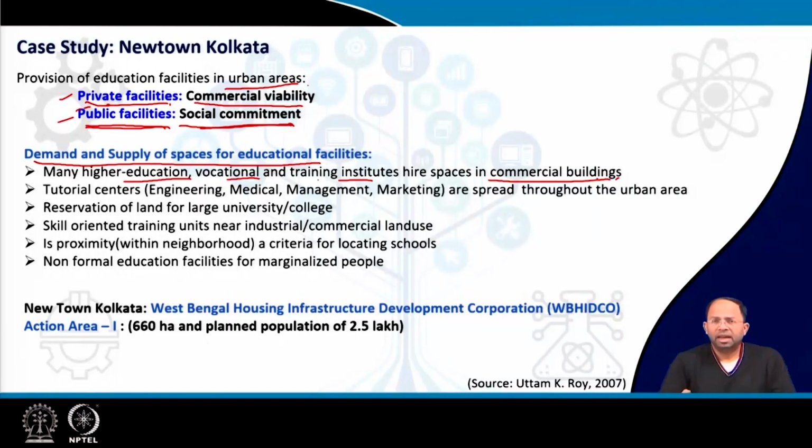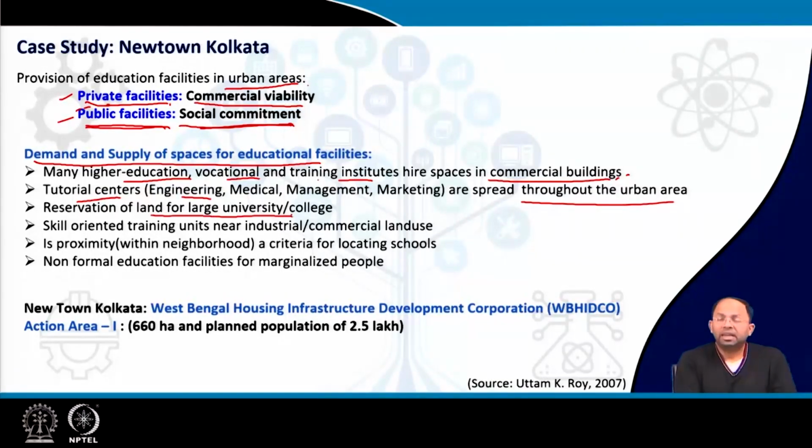That means they don't have their own building or own land area where separate institutes are created, but they hire spaces in other commercial buildings. Then tutorial centers for engineering, medical, management, marketing are spread out throughout the urban area at different places. There is no specific zone or plot of land allocated for this.